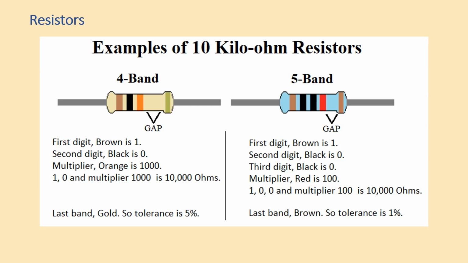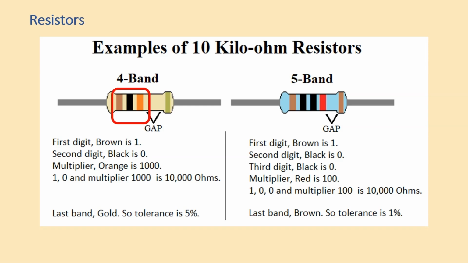The color code scheme is not that different, even though there is a different number of colored bands. The overall number of bands on the resistor body determines how many bands will represent digits, and then there will be a band for a multiplier and a band for tolerance. It is normal for resistors to have color schemes with 4 bands or 5 colored bands.